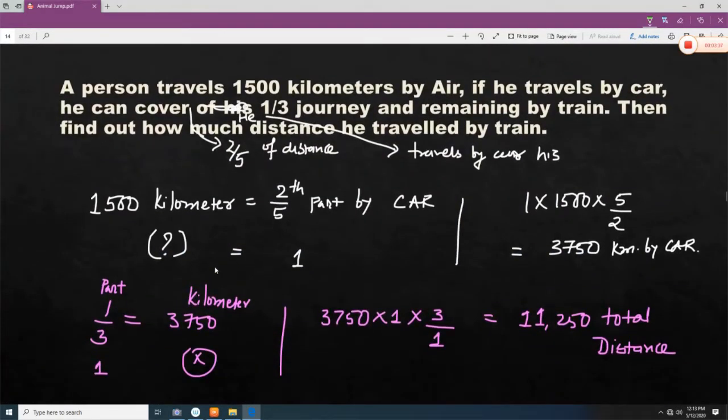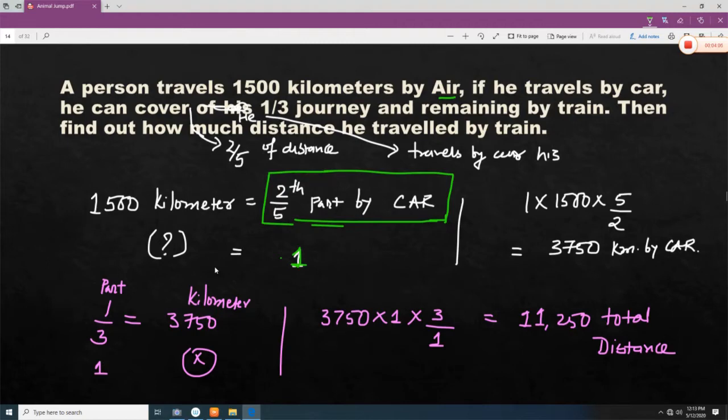Next, a person travels 1500 kilometers by air. If he travels by car, he can cover 2/5 of the distance. So 1500 kilometers is equal to 2/5 part of the car distance. If the car is one entire part, then how many kilometers is that?